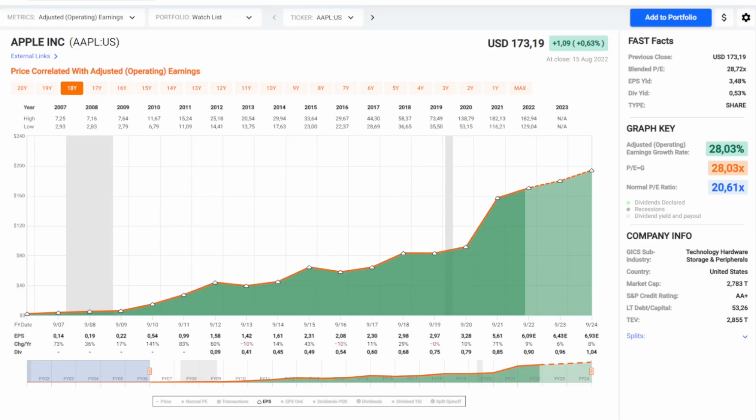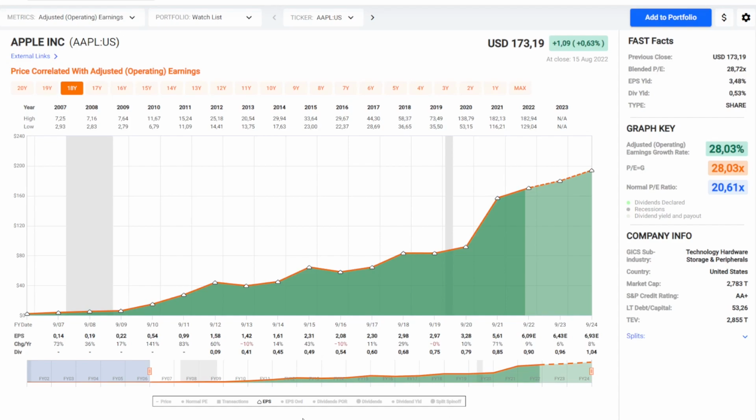Okay, here in Fast Graphs we can first take a look at the earnings. We can see that during the last recession they did extremely well, as they did previously in 2020. And the annual earnings growth rate is 28%, which is extremely good.